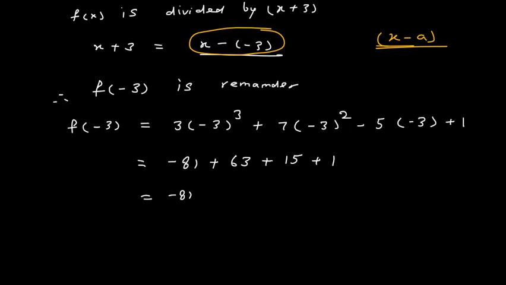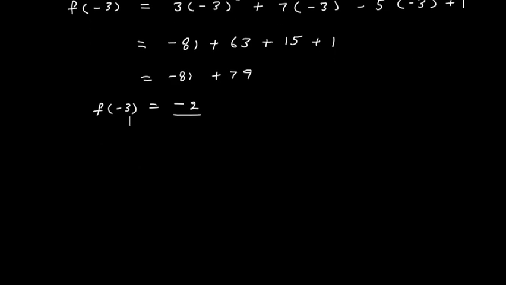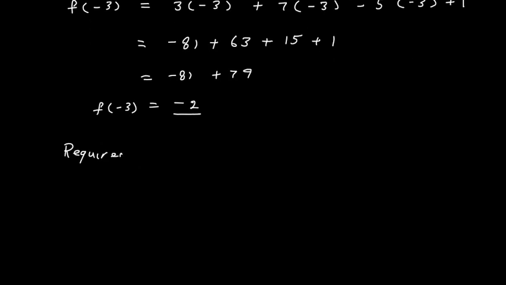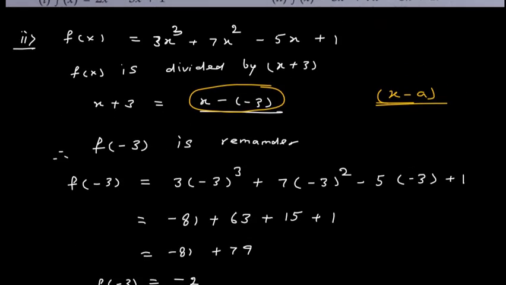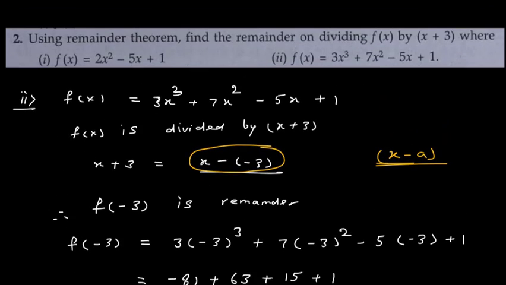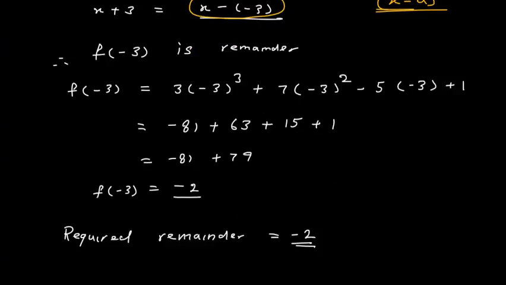So here I have minus 81 plus, now these three terms are positive: 63 plus 15 plus 1 is 79. So minus 81 plus 79 is minus 2. So f of minus 3 is minus 2. Therefore the required remainder is minus 2. Okay, the second I have done. First you try and solve it. Now let us move to the next question.